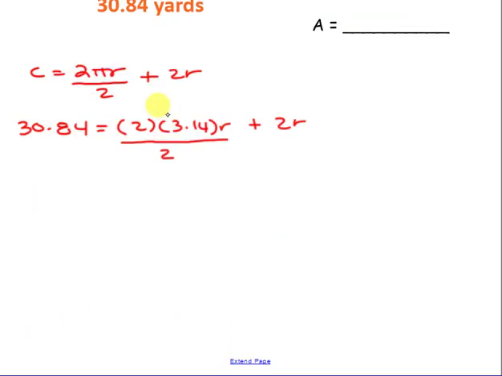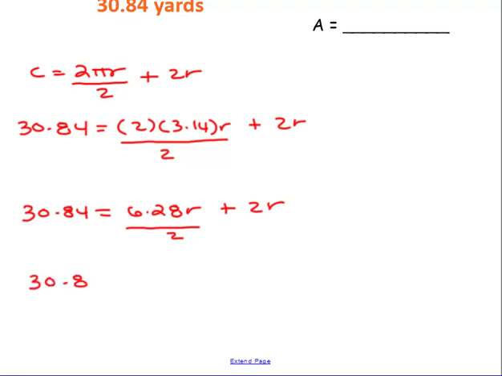So we're going to go ahead and simplify this top portion here. So 30.84 equals 6.28r divided by 2 plus 2r. Now, I'm going to divide these two right here. So 30.84 equals 6.28 divided by 2 is 3.14r plus 2r.